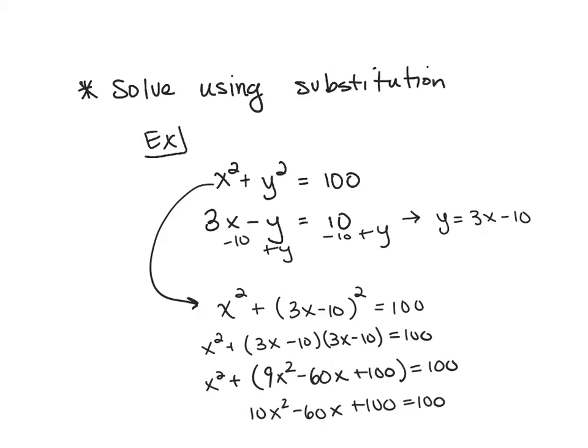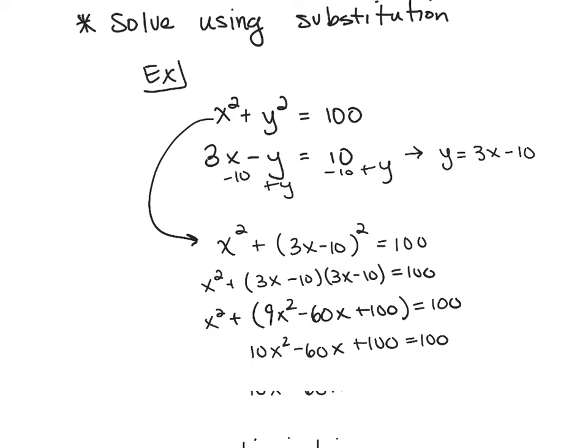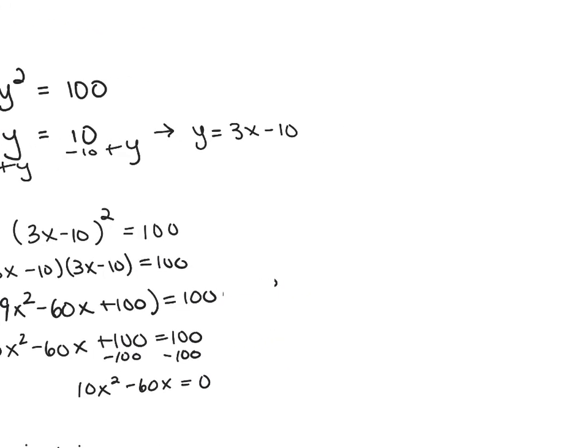So what we have here is a quadratic equation that we could either solve by factoring or the quadratic formula. At any rate, it needs to be equal to 0. So if I subtract 100, we can solve this quadratic equation by factoring out a common factor from these 2 terms, 10x squared and 60x.